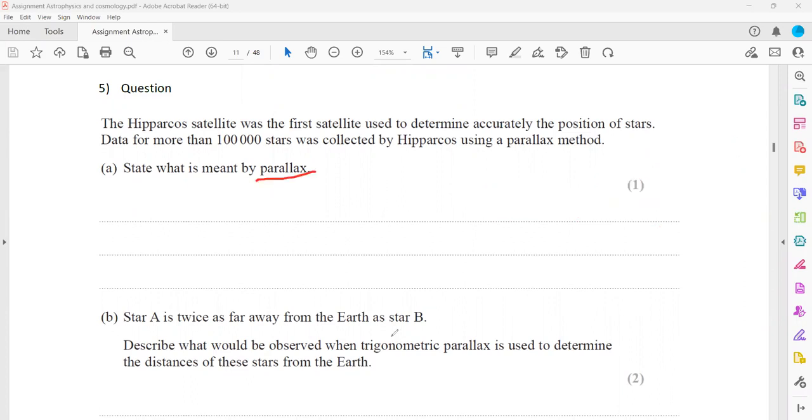But what is meant by the term parallax? The term parallax means an apparent change in position of an object relative to its background.